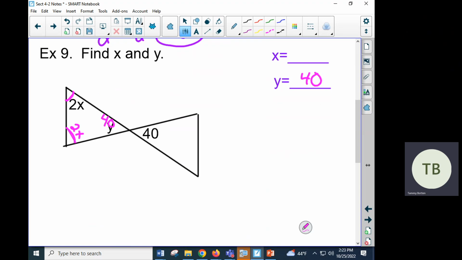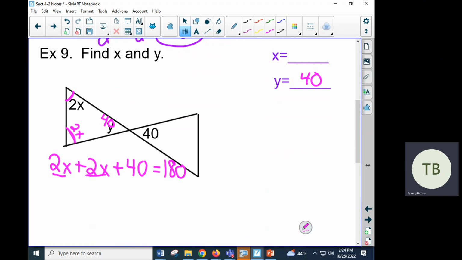Now, I still need to find x. So do you guys get that I could add these three angles together? And what could I set them equal to? Equals 180. And why 180? Isn't that what the three angles in a triangle add up to? Yep. Right?